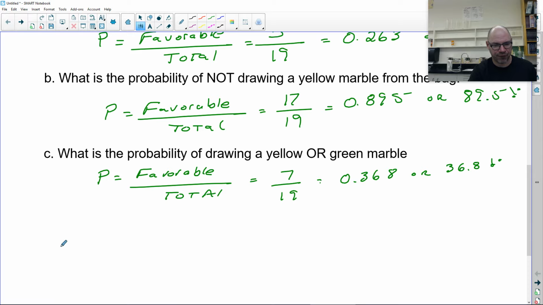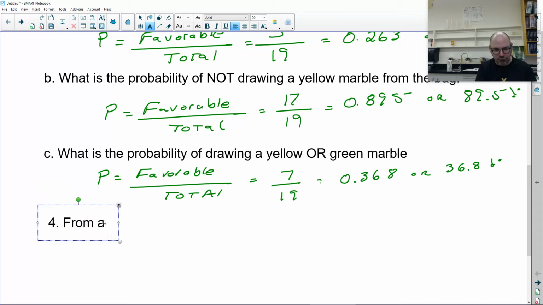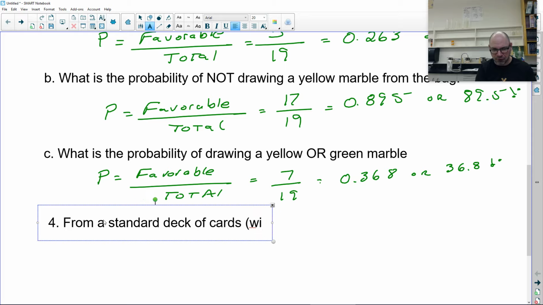Okay. So in example number 4, from a standard deck of cards, that means no jokers.